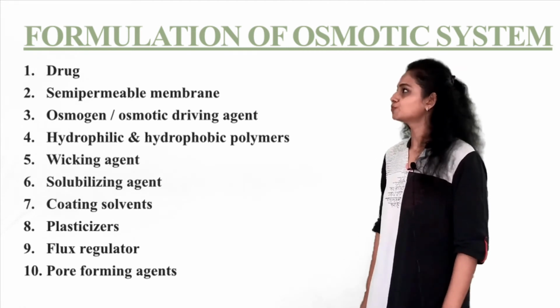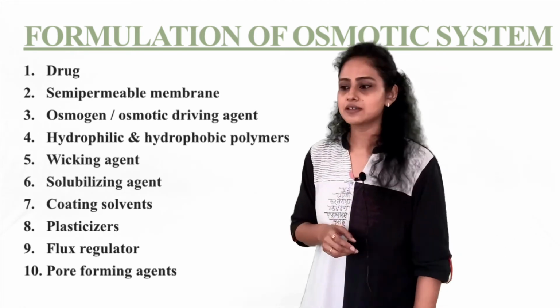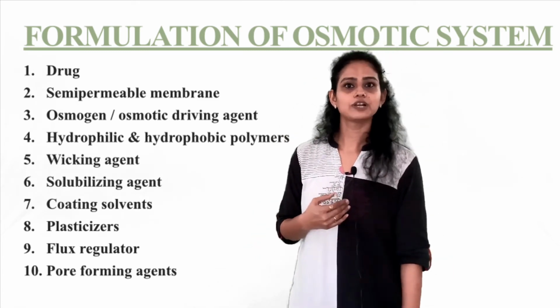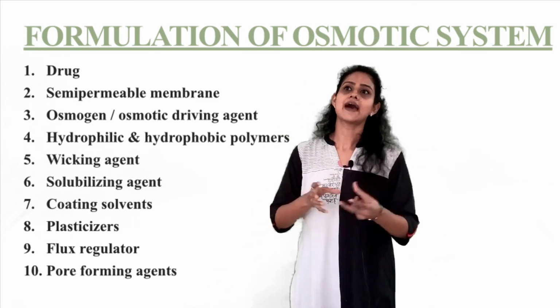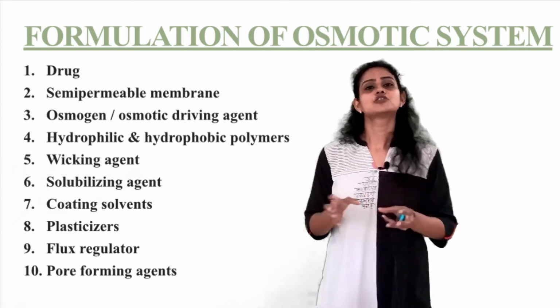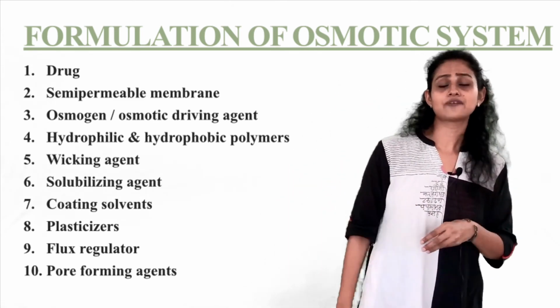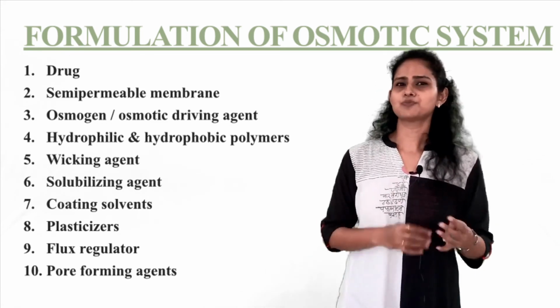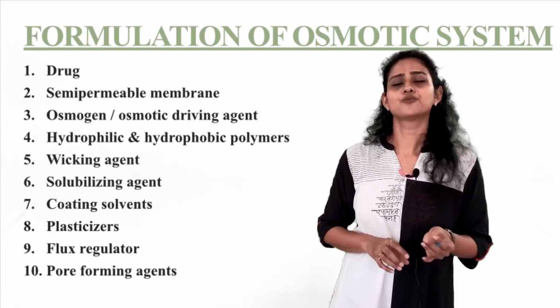The second which we can add is hydrophilic and hydrophobic polymers. These are added to adjust the solubility of the drug. If you have a very highly water soluble drug, then you can modify solubility by using hydrophobic polymers.